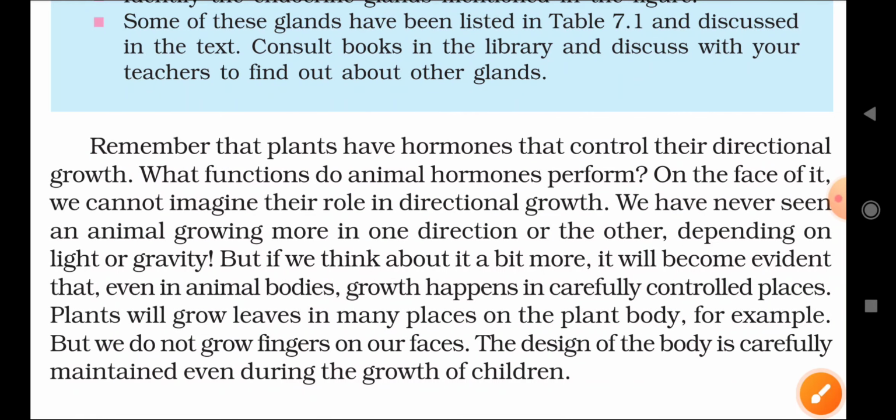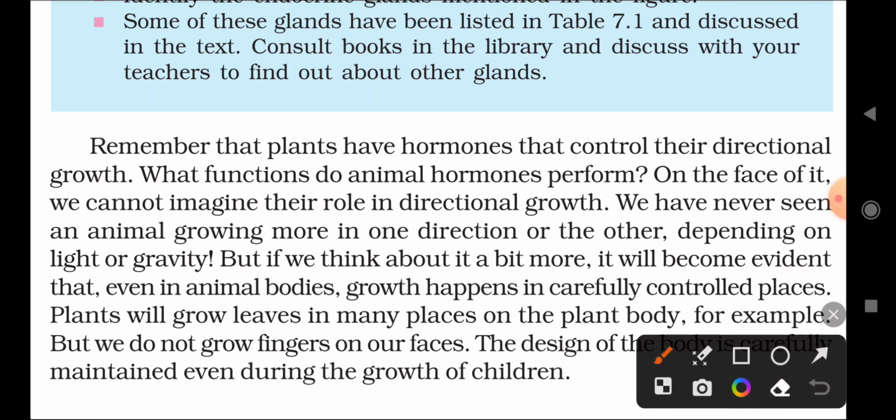We also discussed that a plant grows in particular directions only. In phototropism, the plant shoots go toward the direction of light, that is directional growth.